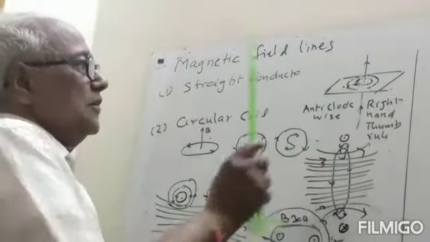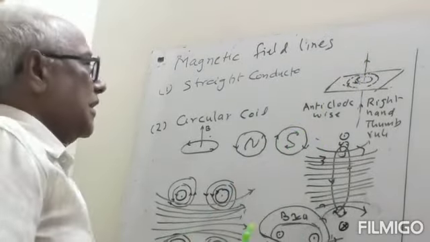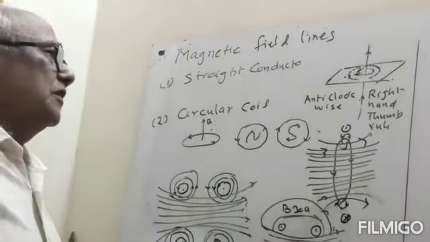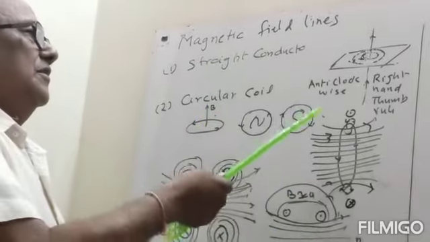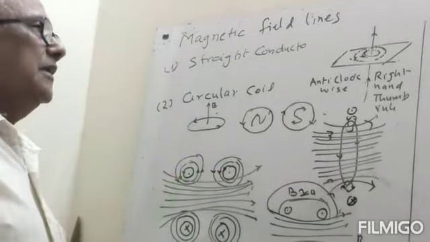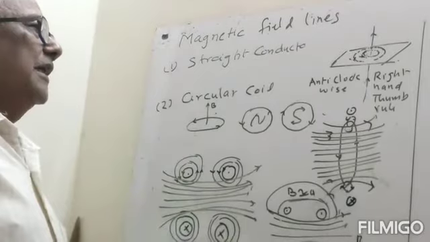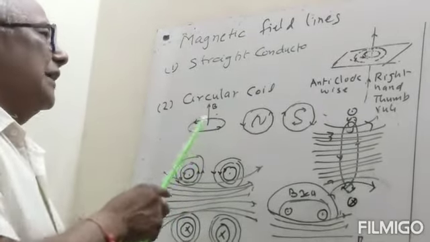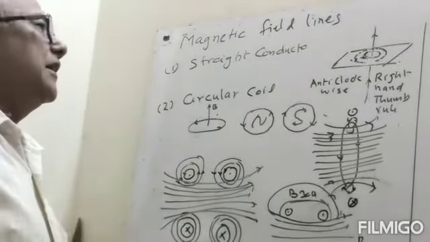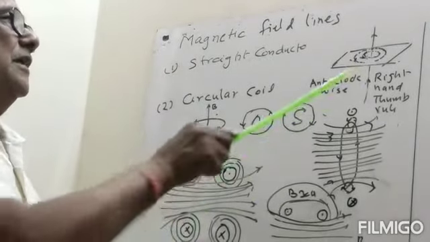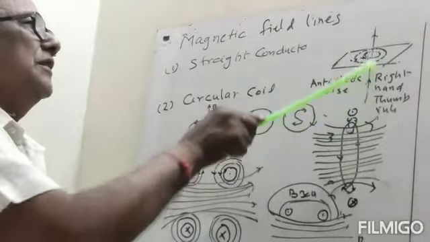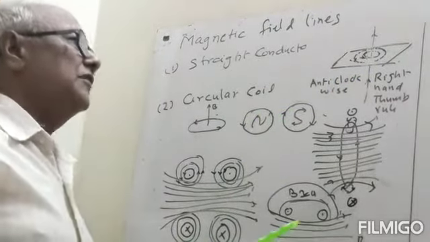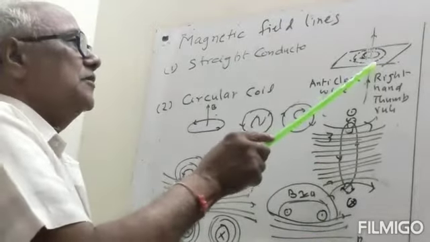Now, instead of a straight conductor, if we have a coil and current is passing through it, the same method we will apply. Here the difference will be in the right hand rule. If the fingers show the direction of current, then the thumb will give the direction of the magnetic field. Here the thumb showed the direction of the current, and the curvature of the fingers gave the direction of magnetic field.